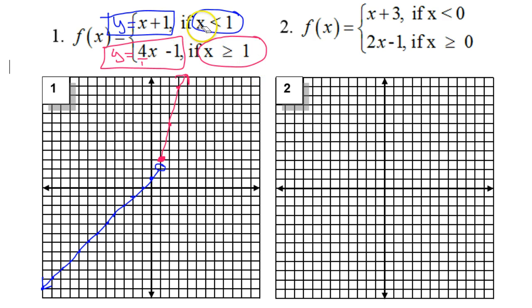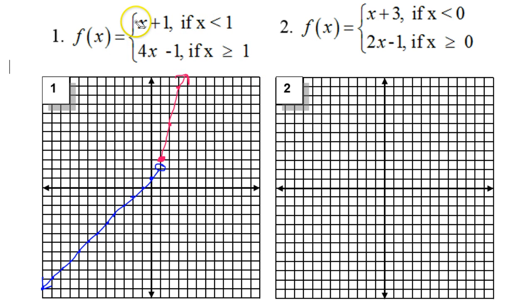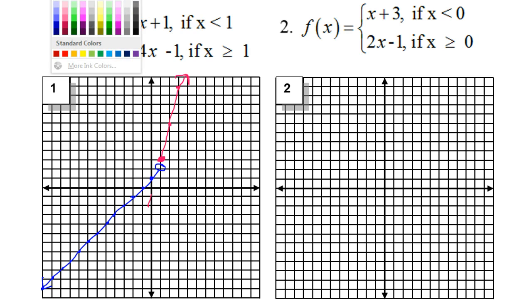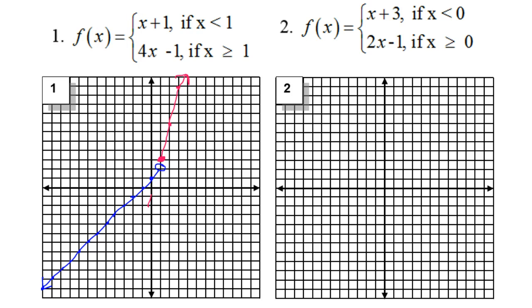All right, now let's do the same thing for problem number 2. Okay, I'm going to start with y equals x plus 3. The y-intercept is 3, and then the slope is 1, so that's like up 1, right 1.